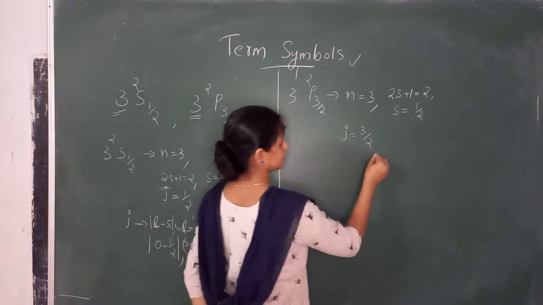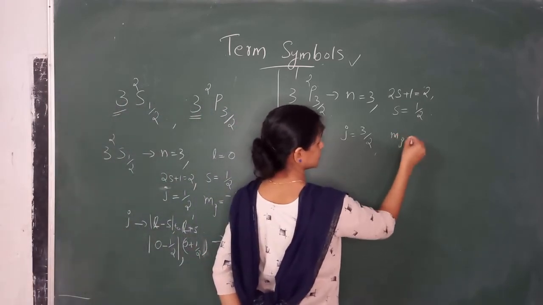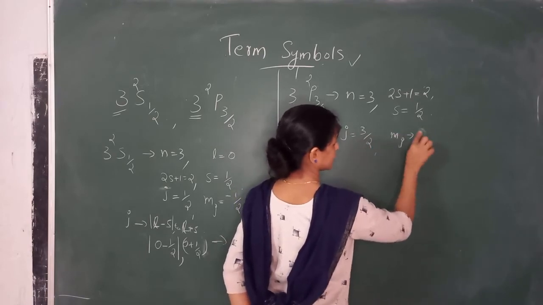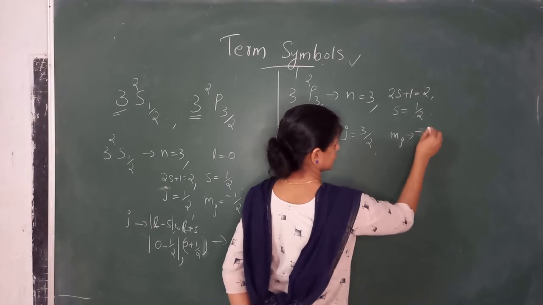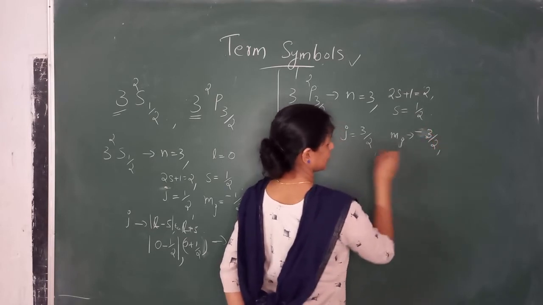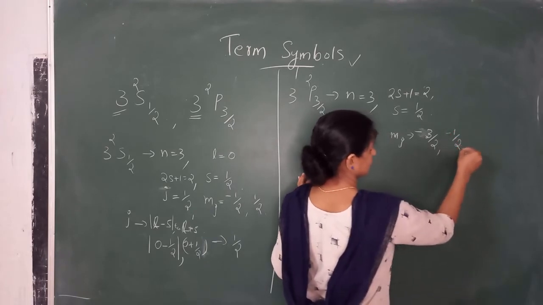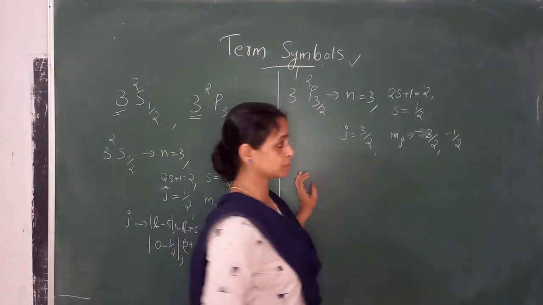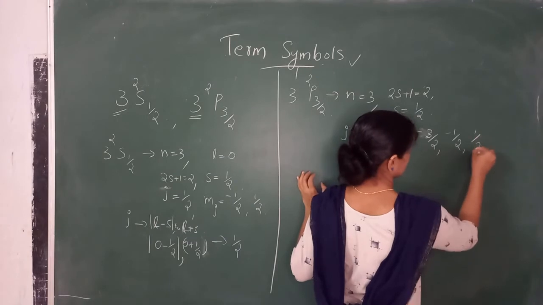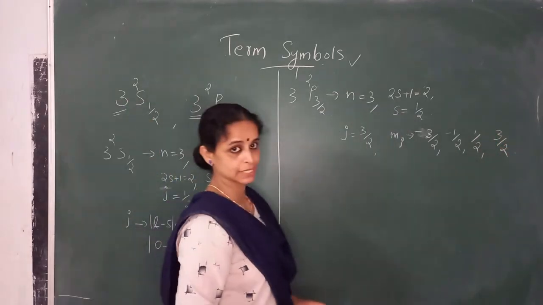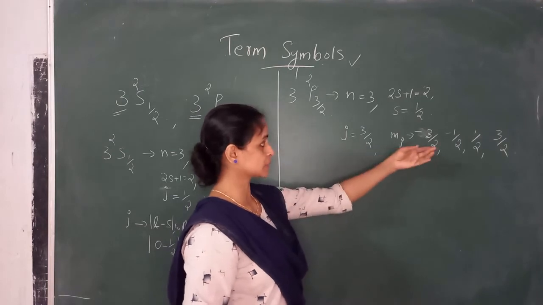Then in this case Mj will take values from minus J, minus 3 by 2. Minus 3 by 2 plus 1 means minus 1 by 2. Then minus 3 by 2 plus 2 means 1 by 2. Then 3 by 2. These are the four orientations for the J, particularly this one.